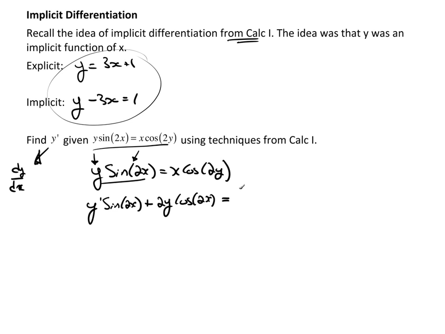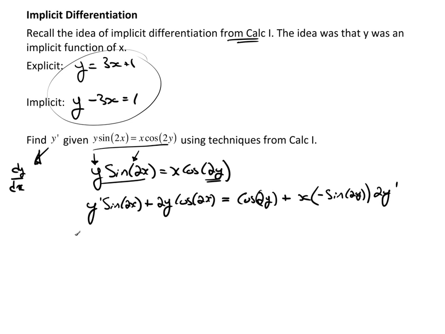This is equal to the derivative of x, which is just 1, so this would be cosine of 2y plus x times the derivative of cosine, which will give me a negative sine of 2y, times the derivative of this with respect to y, which would be 2y prime.